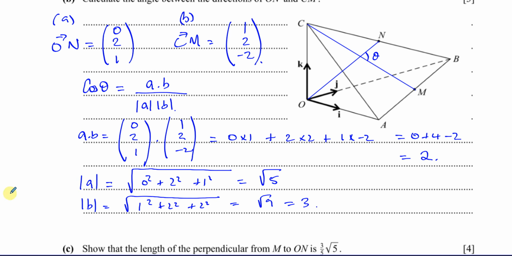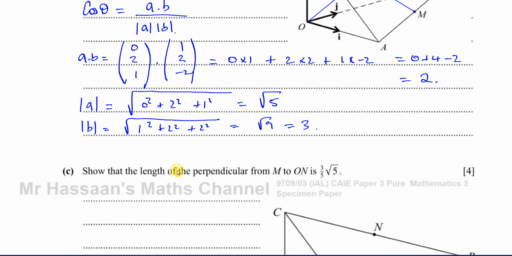Now we want to find the angle between the two vectors. As I said, the cosine of the angle is the dot product, which is 2, over the product of the magnitudes, which is 3 root 5. Therefore theta is equal to inverse cosine of 2 over 3 root 5.